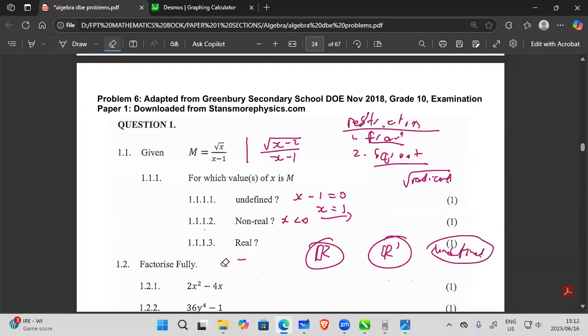No, wait. Sorry, my bad. We're saying that for x values less than 0 it is non-real. Remember, what did I say? I said real and non-real are inverses of each other, right?